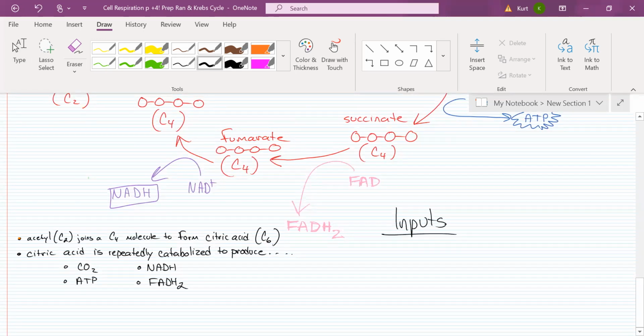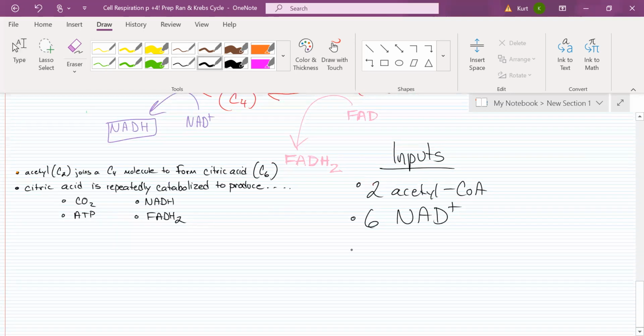How many acetyl coenzyme A's entered? How many NAD pluses? 6. Good, you doubled everything. 6. How many FADs? 2. And how many ADPs?